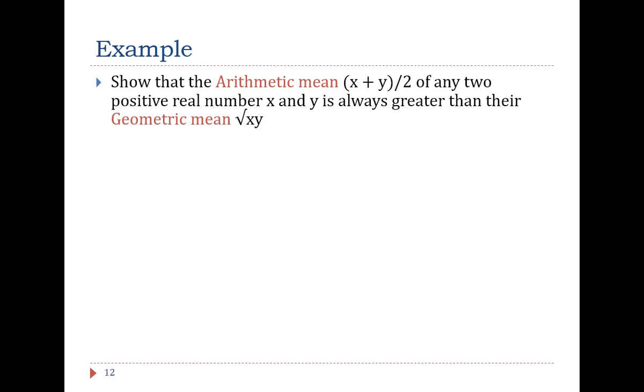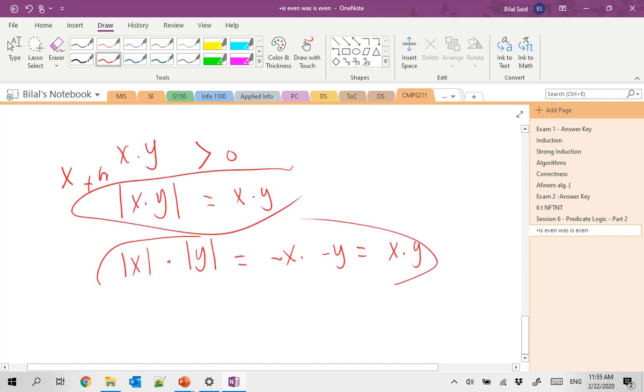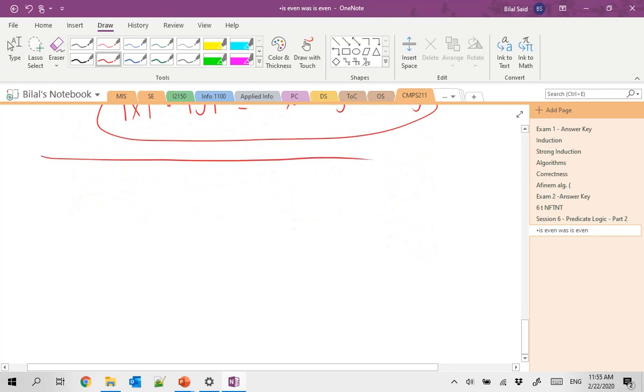But if you start by analyzing this inequality, let's do it with one note. If we want to prove that (x plus y) over 2 is strictly greater than the square root of x times y, then what does it mean?